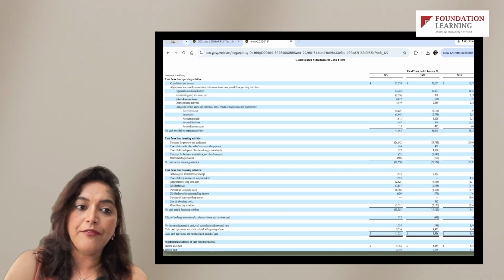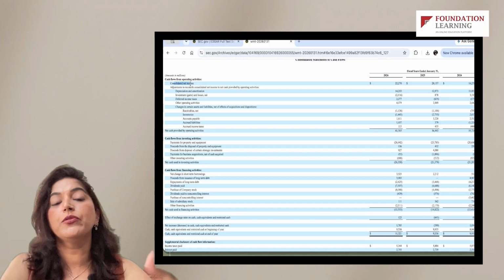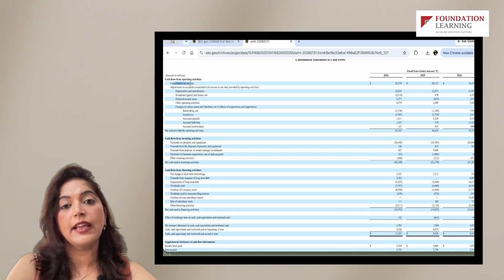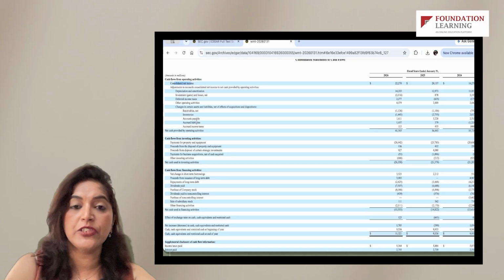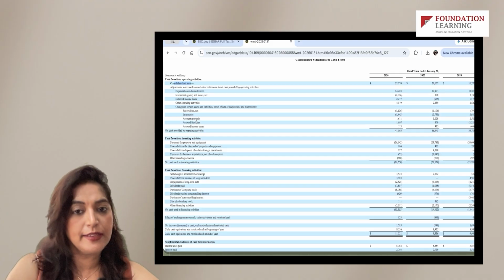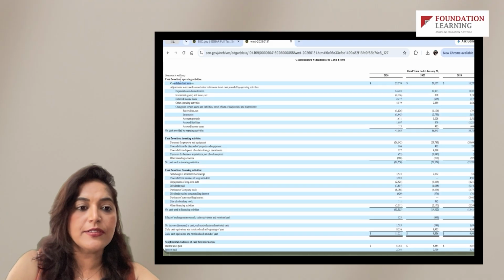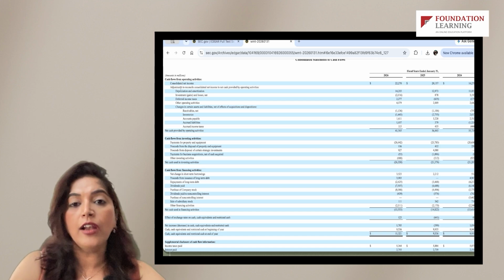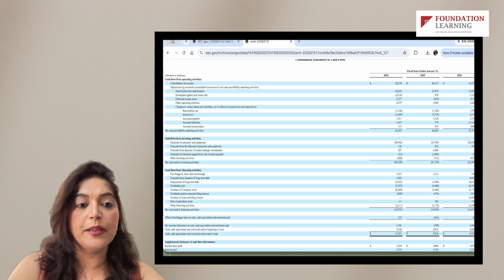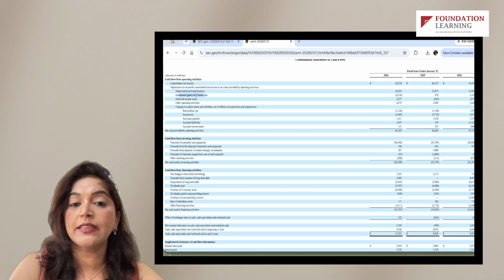That means we start from net income and we add back non-cash expenditures and changes in current assets and current liabilities, etc. So we start with consolidated net income, then we add back all non-cash expenditure, depreciation, amortization, then we adjust for investment gains and losses because we will present it here.